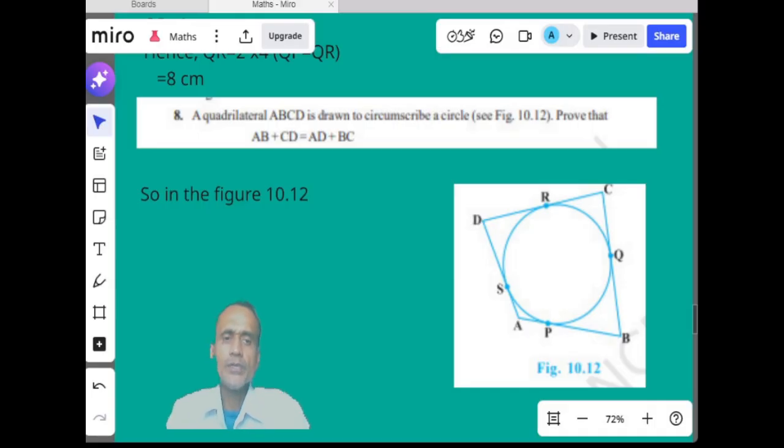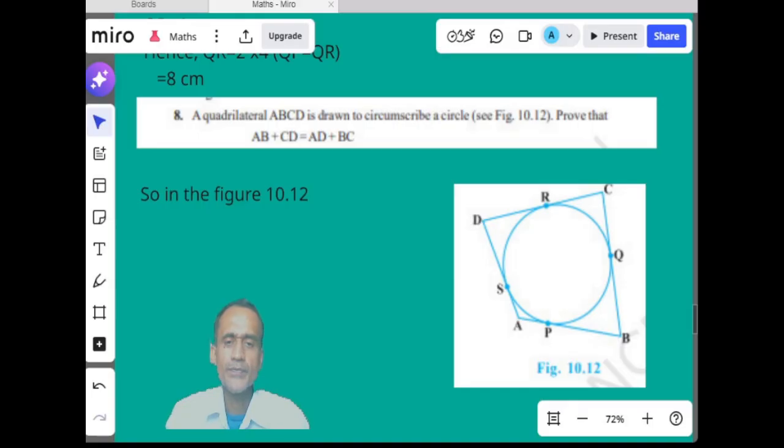So which property should we use to prove that AB plus CD is equal to AD plus BC? You see that these are tangents. So of course, the property is that tangents drawn from a point outside the circle are equal.